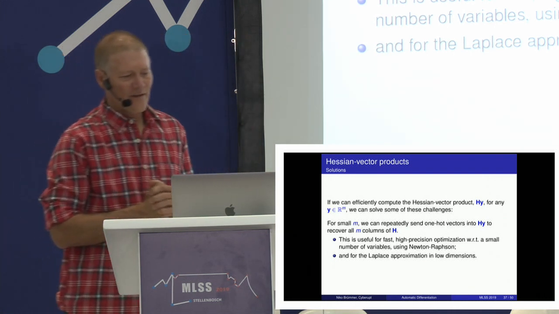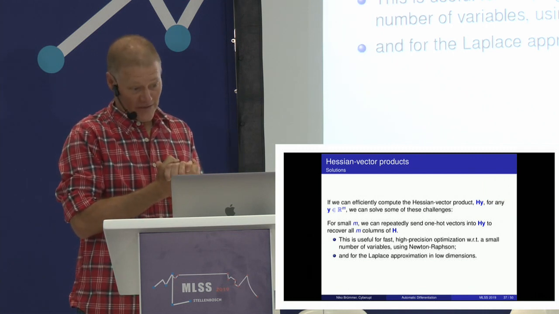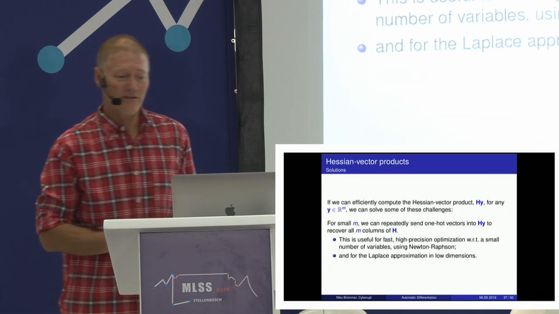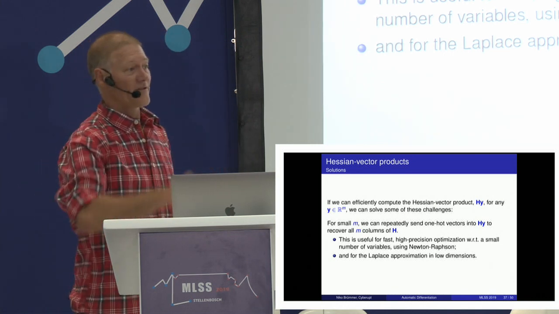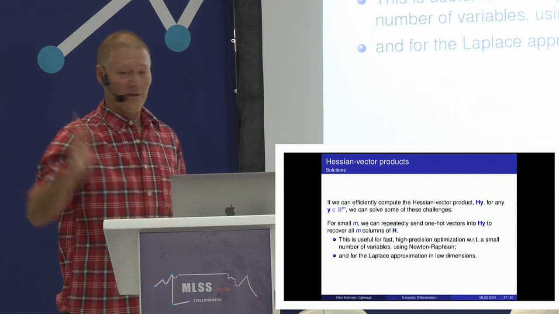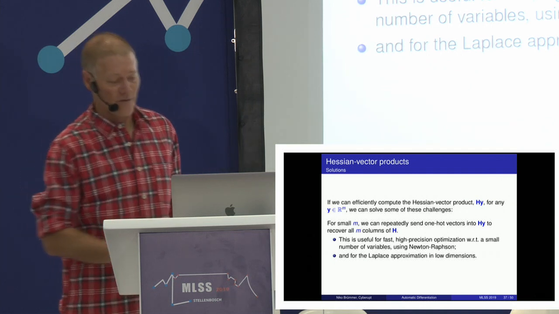Then you might want the full Hessian matrix, and Laplace approximation in low dimensions. You can recover the full Hessian matrix with the Hessian vector product. You just send one-hot vectors in for every column, and you've got your Hessian matrix, and you can do whatever you want with it.